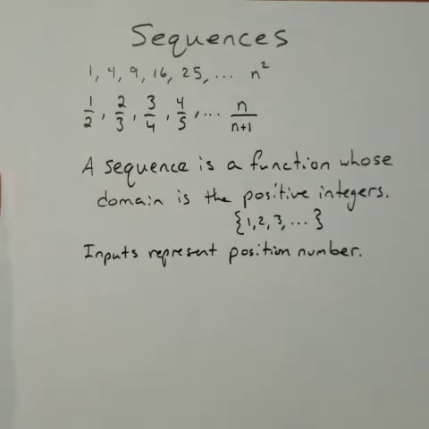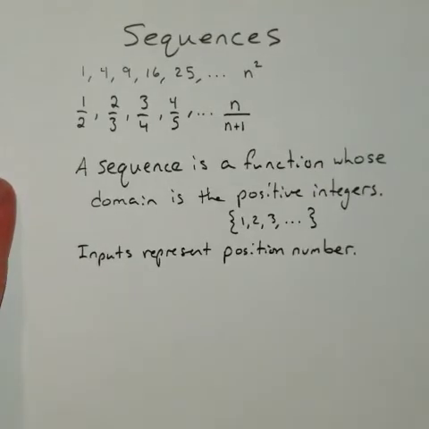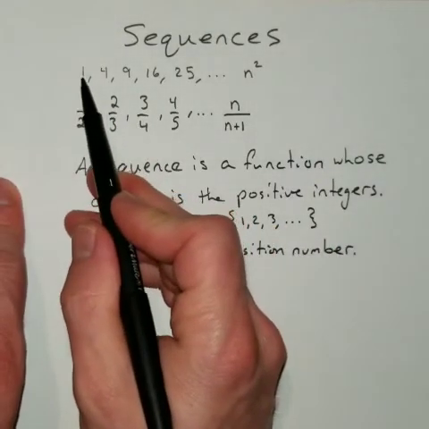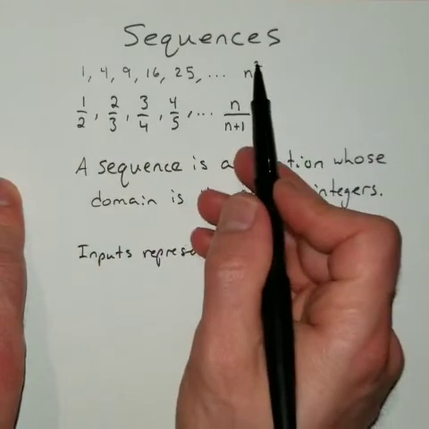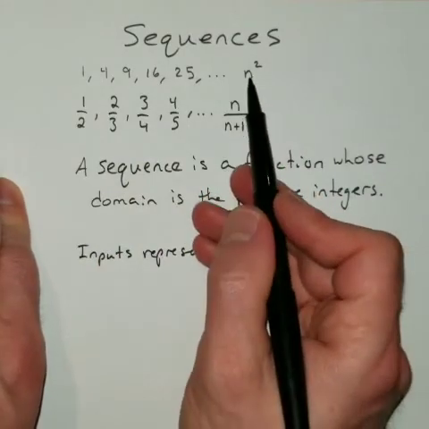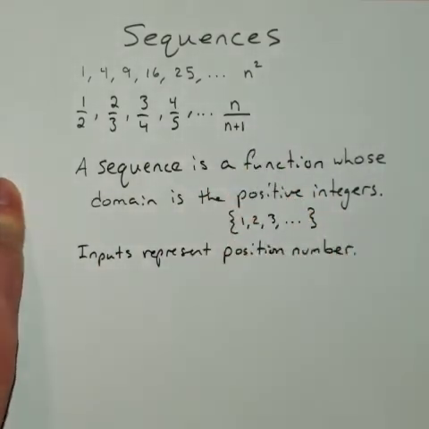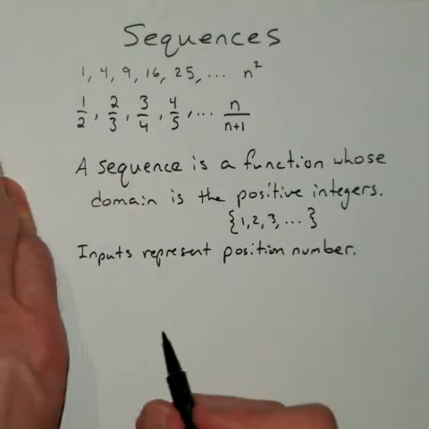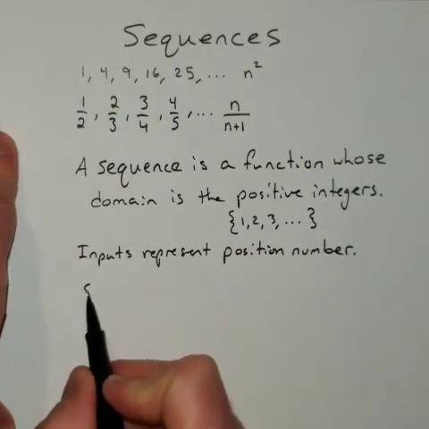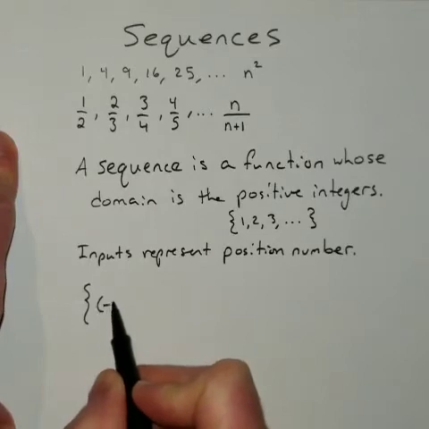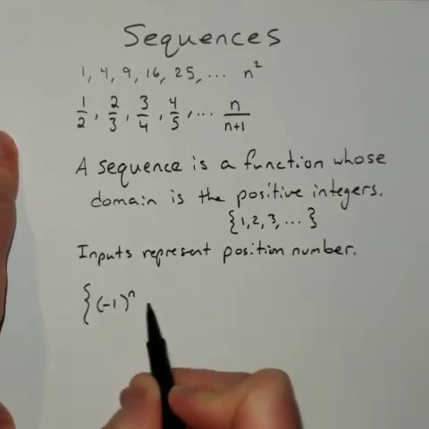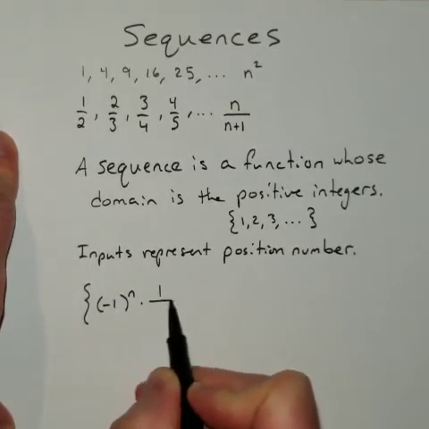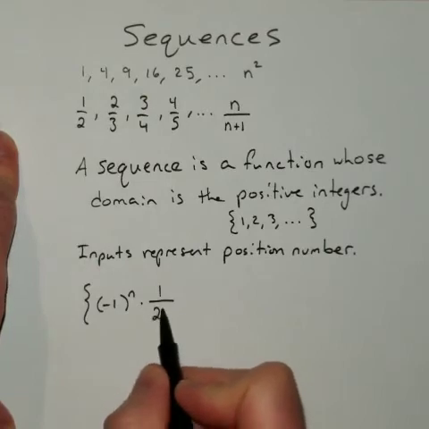Let's look at going the other way around. Here I had given you a sequence and looked at finding a formula. Let's start from the formula and find the sequence. Just a quick example: how about (-1) raised to the n power times 1 over 2 to the n?